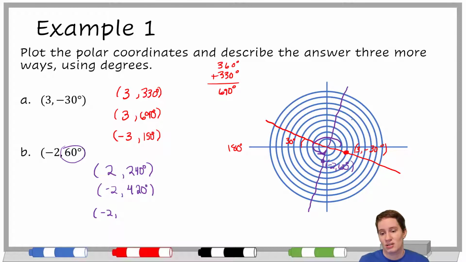So to get around to this angle, we'd have to do a -300 to get all the way around there. Or I could have done more angles that had the +2 for the radius if I'd wanted to. The possibilities are endless. You may have come up with some that I didn't, and keep that in mind as you're looking at solutions.